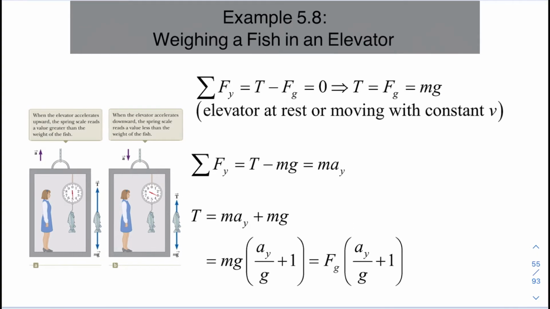Let's say the elevator is moving downward. You have Fg downward, you have tension upward, and now the A is downward.